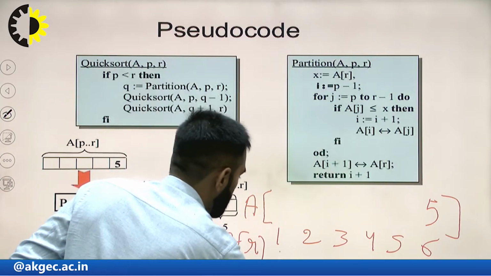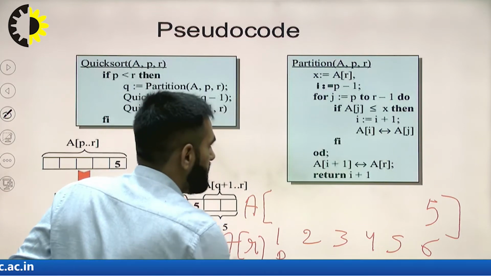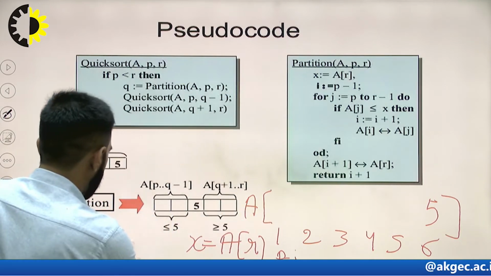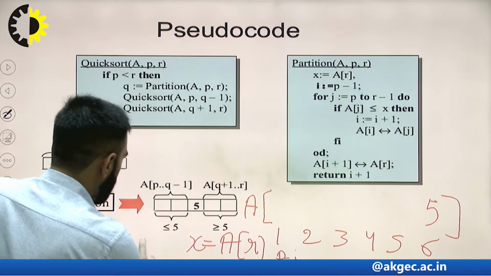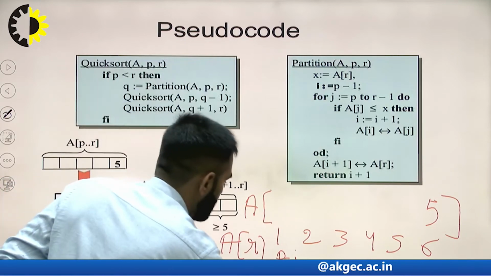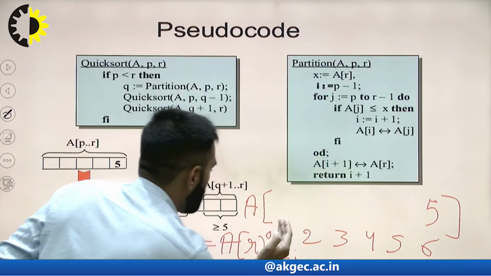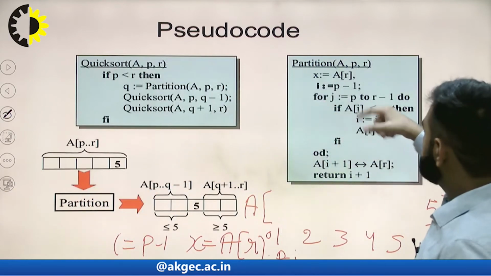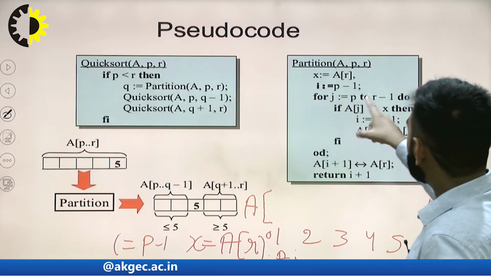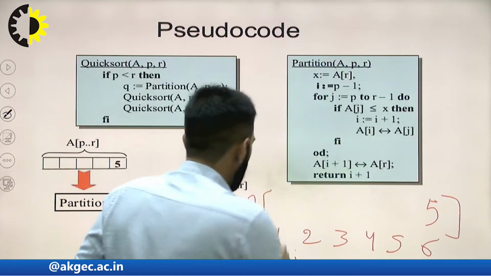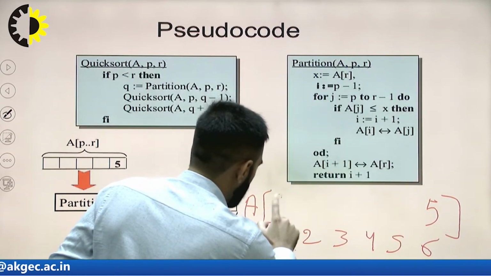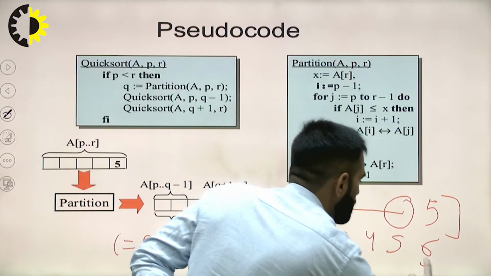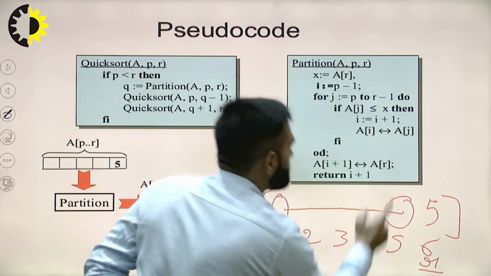Here it is p, which is already equal to j, and i equals p minus 1. That is i is somewhere here, somewhere at 0, outside the array. Now see, we will run a loop from j equals p to r minus 1. That means the loop will run from this position, 1, up to here, because this is the r position, to r minus 1.